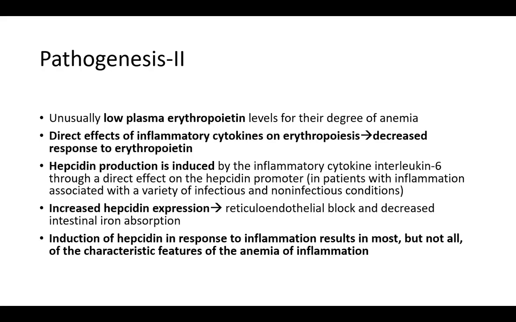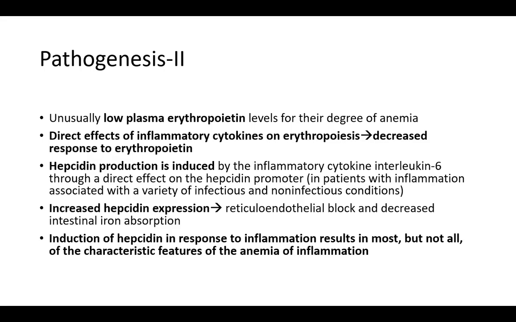So what happens? Erythropoietin levels are low, and direct effects of inflammatory cytokines on erythropoiesis decrease the response to erythropoietin. Some cytokines are released, and these inhibit erythropoietin synthesis and secretion, and erythropoiesis in turn is affected.